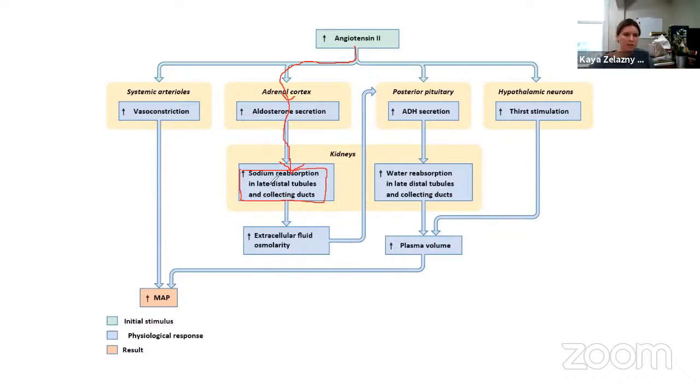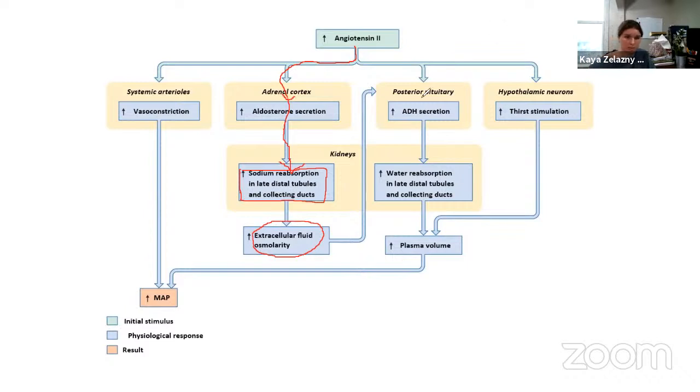The reason we want to increase this sodium in the plasma is that we're trying to trigger the reabsorption of water. So what we're doing here is increasing plasma sodium so that we increase the extracellular fluid osmolarity, which we remember is one of the things sensed by those osmoreceptors in the hypothalamus. So when your brain senses that we have a lot of sodium in the blood, it's going to release ADH.